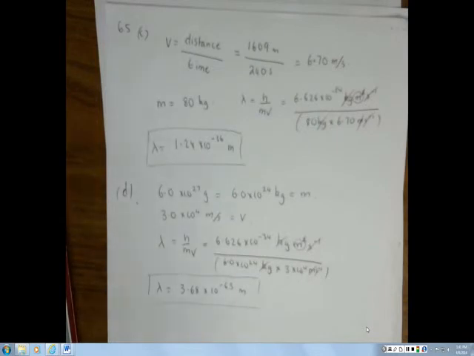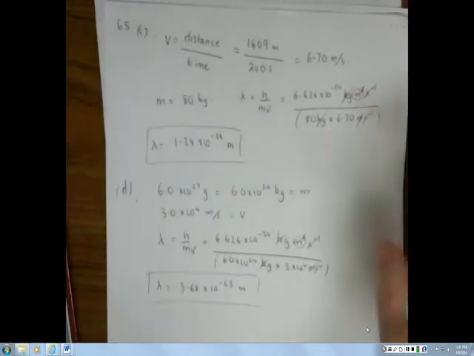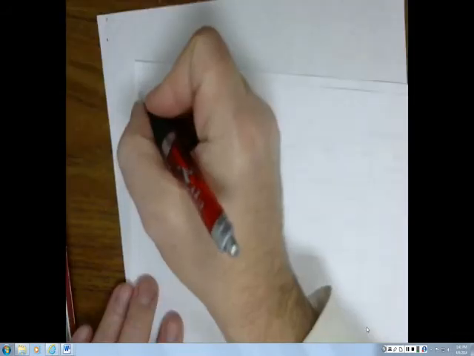All right, so that's 65, and we've got one left that we were asked to do, and that was 68. And 68, here we go. It says, how rapidly would each of the following particles be moving if they all had the same wavelength as a photon of red light?